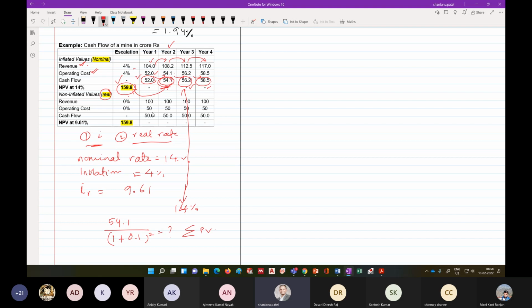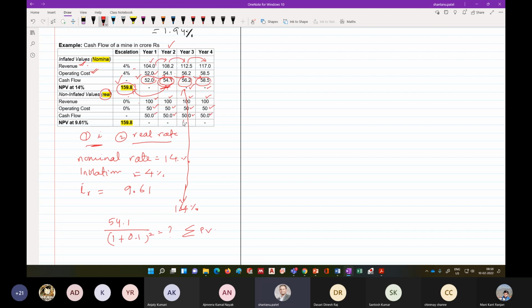If we are ignoring the inflation, then every year we are getting some 100 crore rupees, and our operating cost is constant, so our cash flow will be 50, 50, 50, and 50 every year.